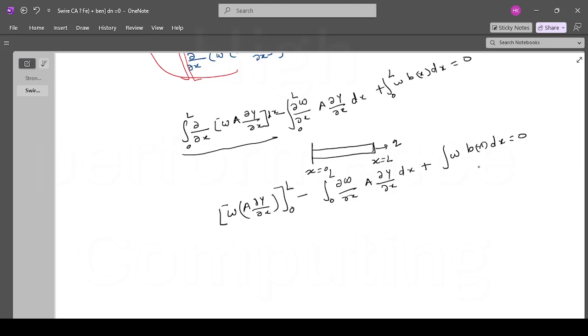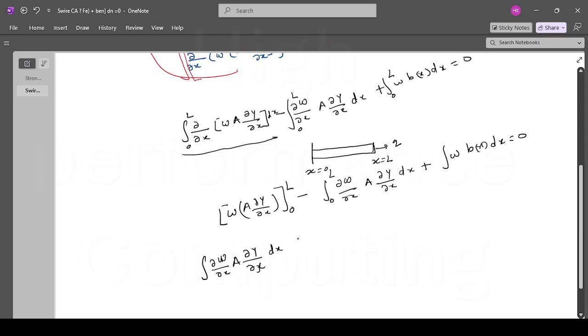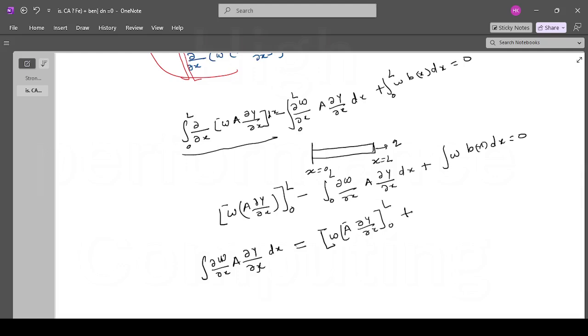Can we transfer this to this side? So we can write it like this: the integral from 0 to L of del omega by del x a del y by del x dx equals omega a del y by del x from 0 to L plus the integral of omega bx dx.